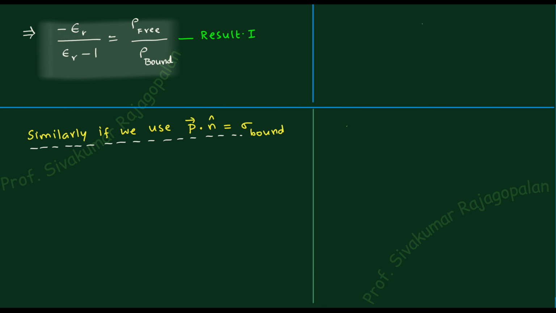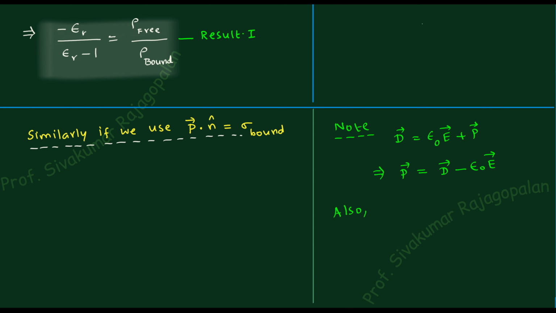The definition for the dielectric displacement vector, the D vector, is epsilon naught E plus P. This will give you information about the polarization. So the polarization is given by the displacement vector minus epsilon naught into E. That is one relation.